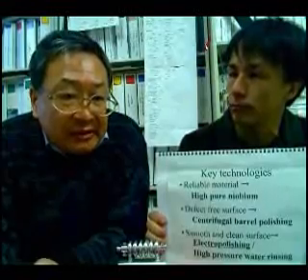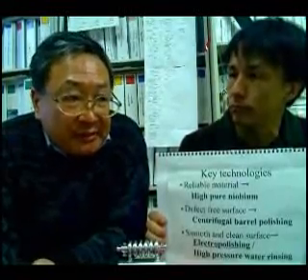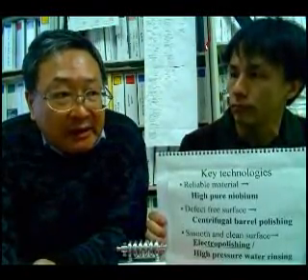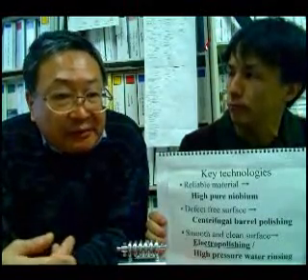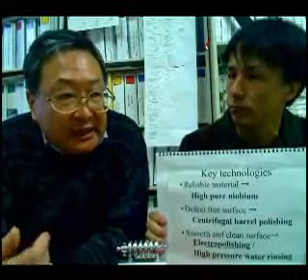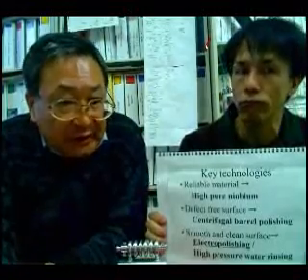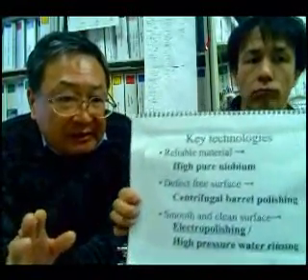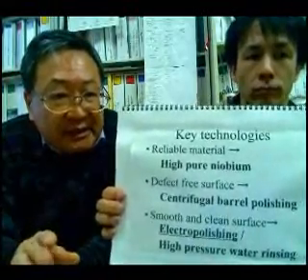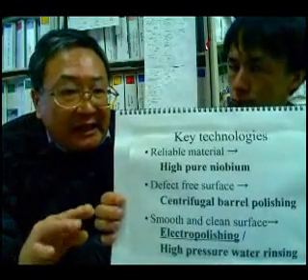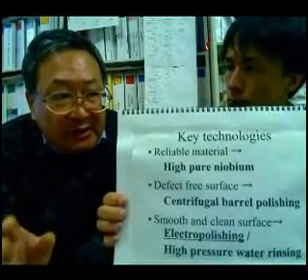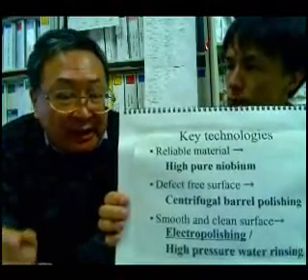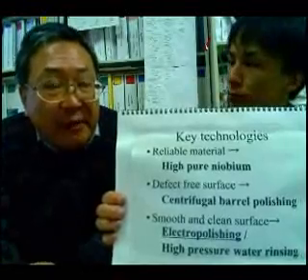Particle contamination sometimes brings field emission or multipacting. To reduce this particle contamination, high pressure water rinsing technology is very good. So totally: reliable material, defect-free surface, smooth surface, and clean surface. This is very important for the superconducting cavity to get high performance.